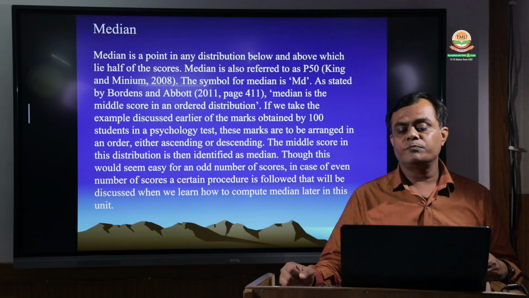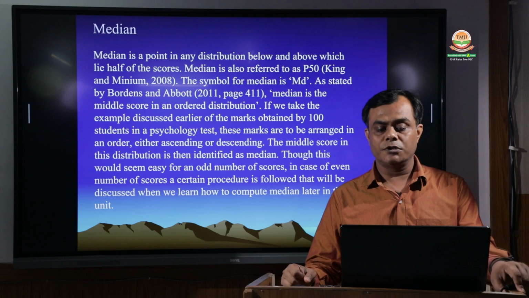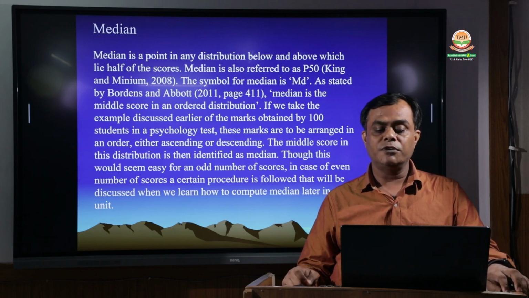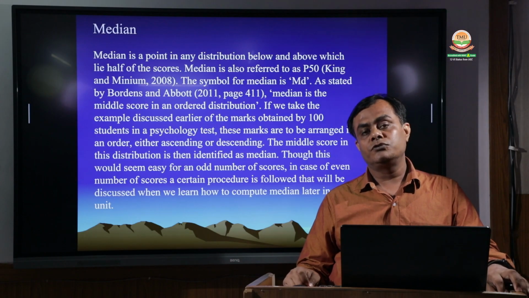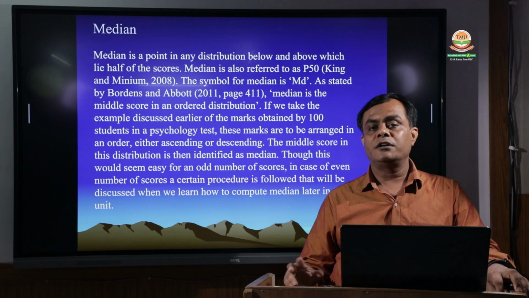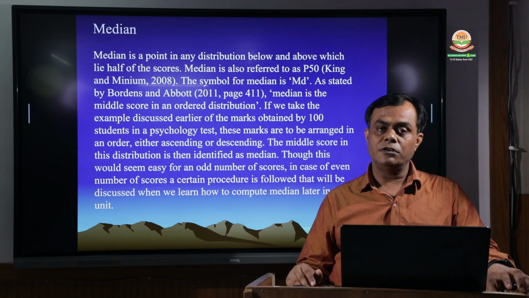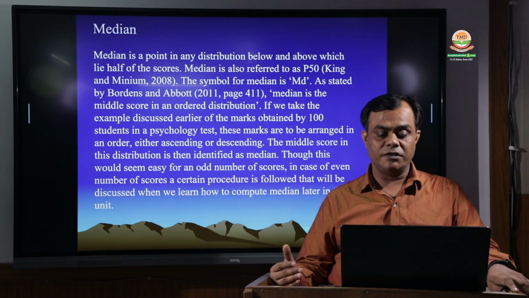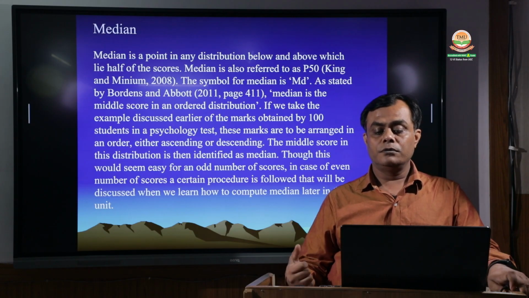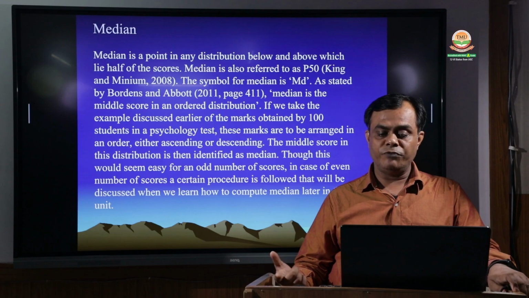So simply, the median is the point in any distribution below and above which lie half of the series. Simply, the median divides the whole data into two parts: one part below that value and another part above that value. Median is also referred to as P50.